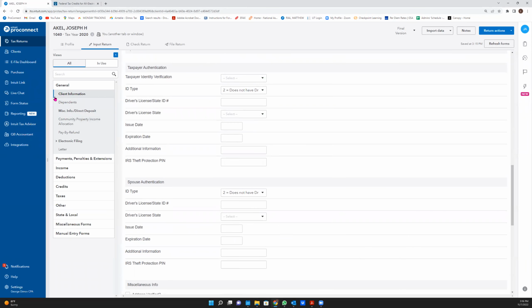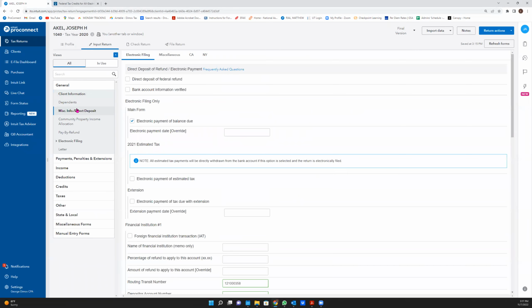Now, usually, there are two outcomes in the tax return. Outcome number one is the person owes money to the Internal Revenue Service. Outcome number two, the person gets money back. Whether they're going to owe or receive money back, they can do it in three ways.